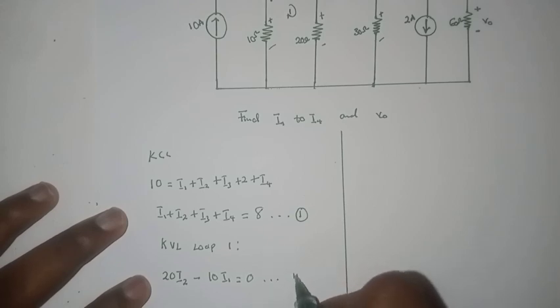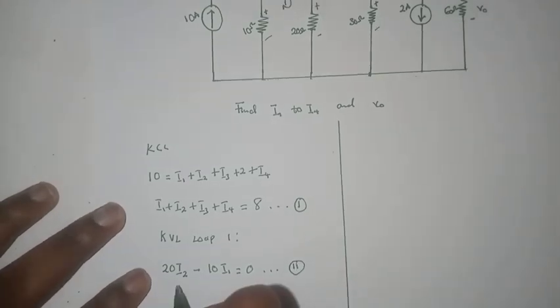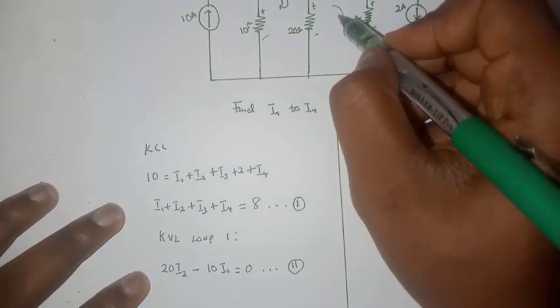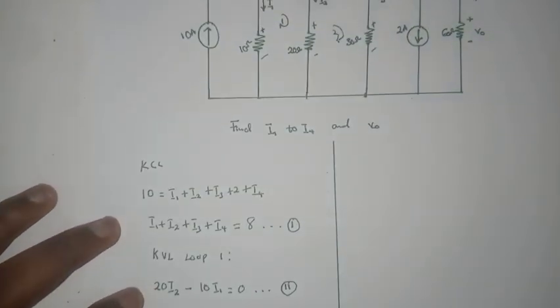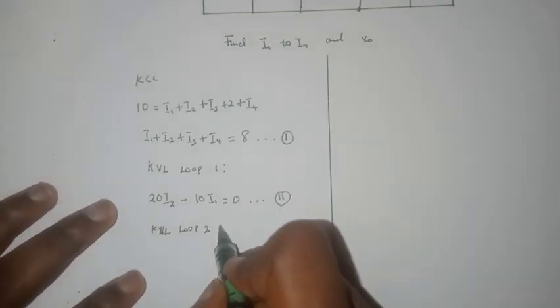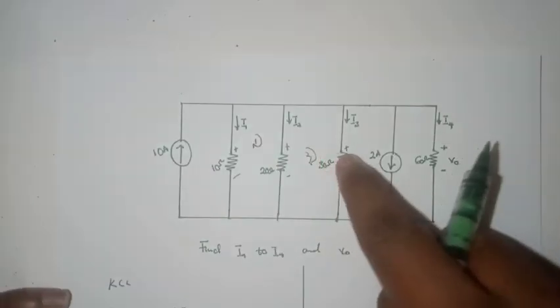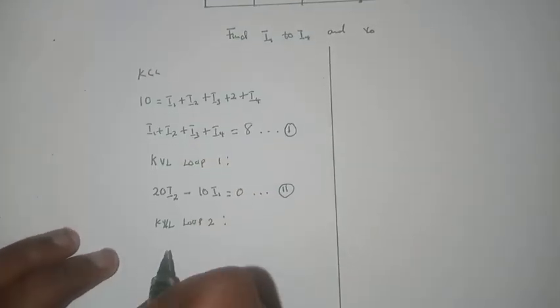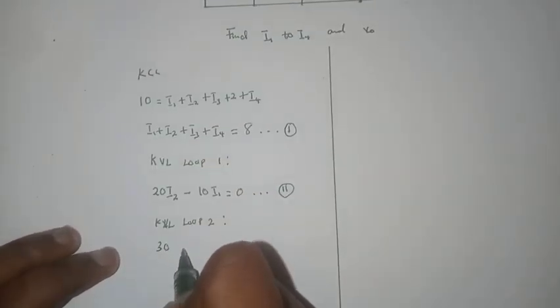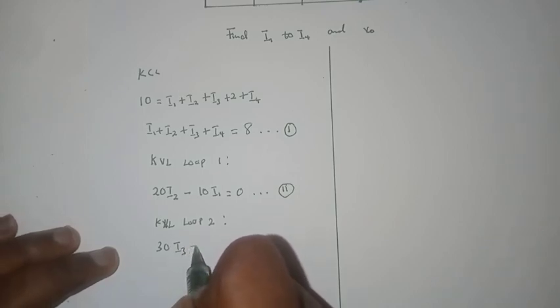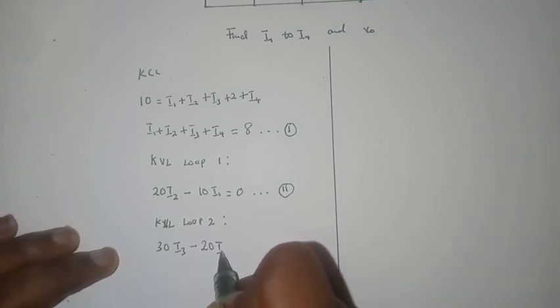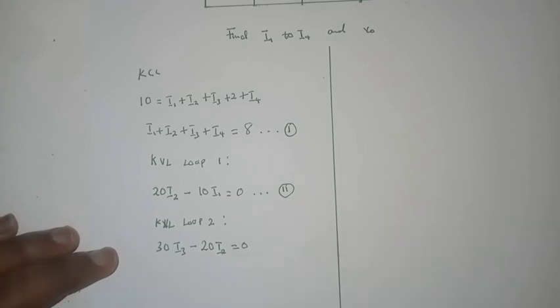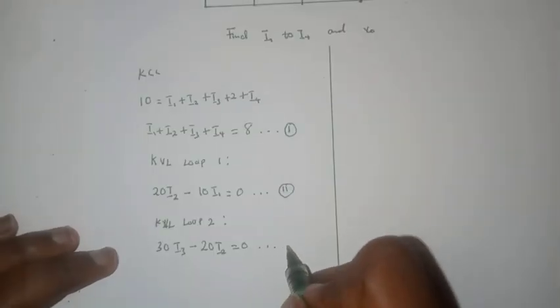Our second equation. Okay, come to this loop. Let's call this our loop 2, and then KVL in loop 2 would be 30I3 minus 20I2 equals 0. Call that the third equation.